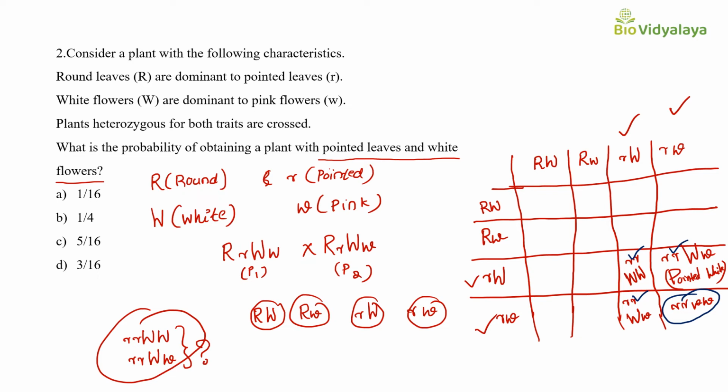Okay. So which are this genotype? 3 out of 16. Okay. Total 16 genotypes we will get. Out of that, 3 are pointed leaves with white flowers. 3 by 16. So the answer is option D, 3 by 16. Okay.